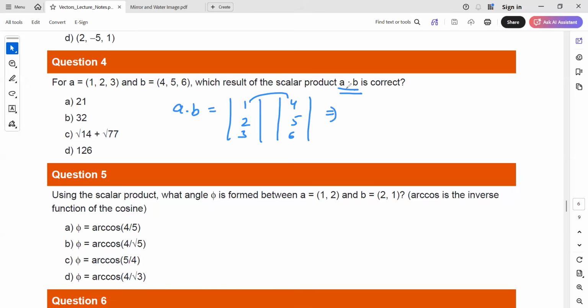Simple. 1 into 4 plus 2 into 5 plus 3 into 6, 18. That is 4 plus 10 is 14, plus 18 is 32. So 32 will be our answer. We just have to find the dot product, not the cos theta, and they are not asking for the under root of A or B. They are just asking for the dot product.